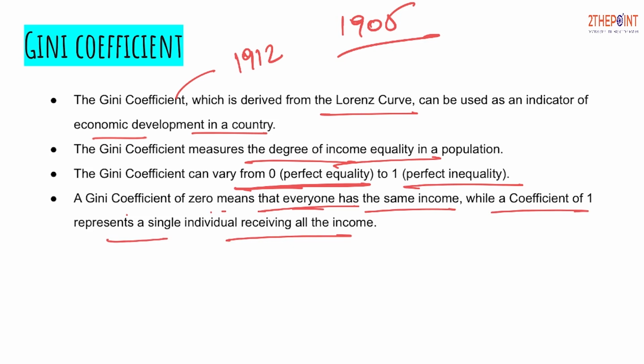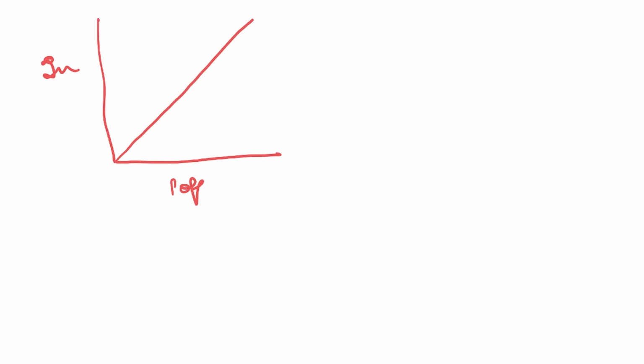And how do we measure it? We will see this curve. This is our Lorenz curve. The x-axis shows the population, the y-axis shows the income. This is the perfect line of equality and this is the Lorenz curve. The area between the line of equality and the Lorenz curve is denoted by A. This is the perfect line of inequality, because the more the line moves towards the x-axis, the more inequality in society.